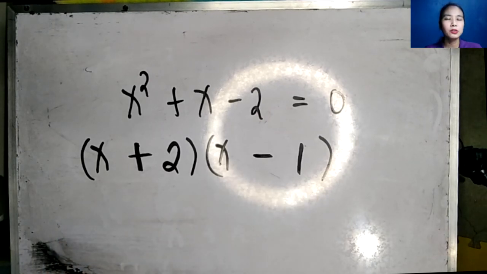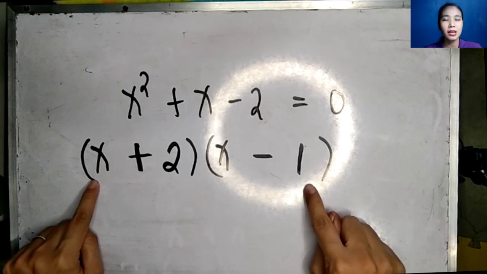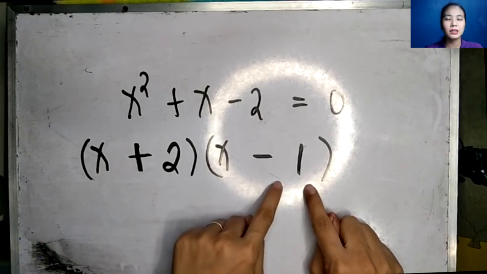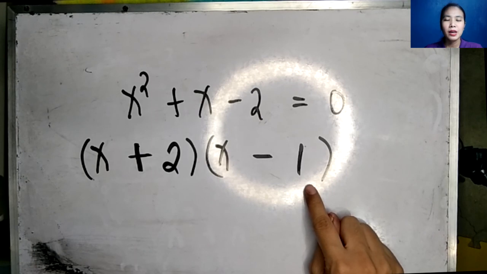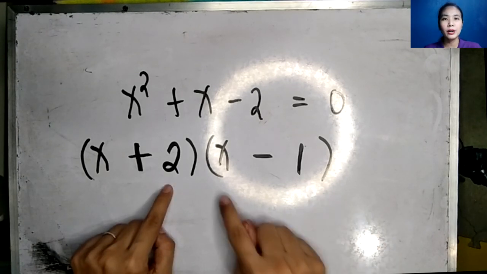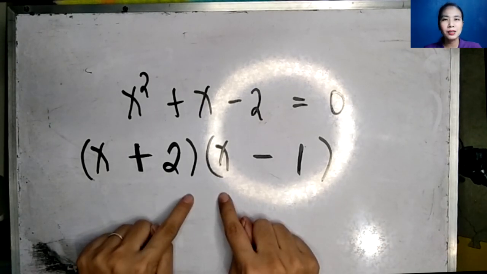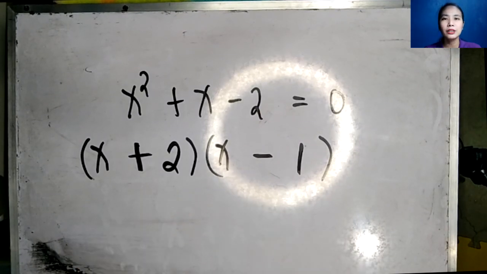Using the FOIL method to check if ang sagot natin ay x squared plus x minus 2, let us multiply first the first terms. X times x is x squared. Then, the outer terms. Ang outer terms natin ay ang x at negative 1. So, x times negative 1 is negative x. And then, ang ating inner terms na 2 and x. 2 times x is 2x. I-add natin ang ating outer at inner terms.